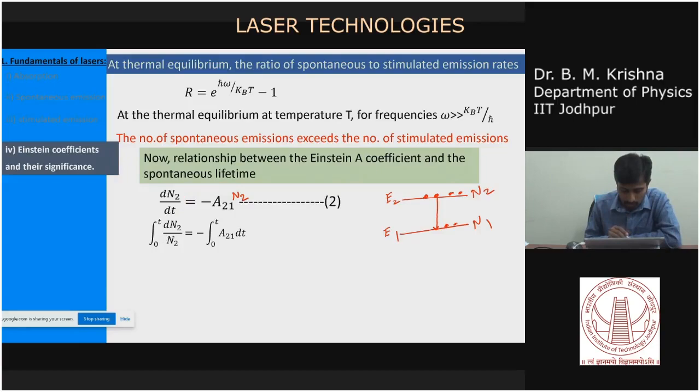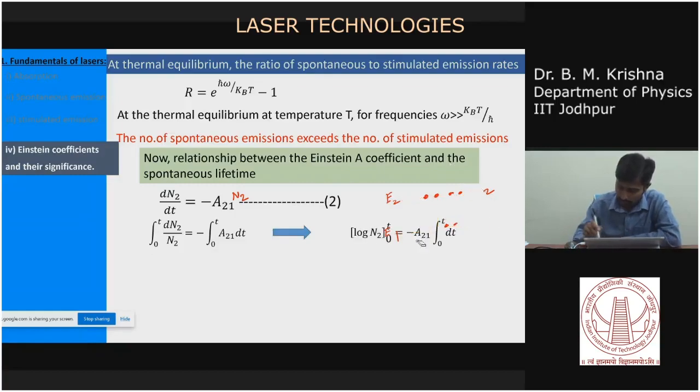Then I integrate from 0 to t: dN2 by N2 equals minus the integral from 0 to t of A21 dt. So I'm integrating from time 0 to time t.